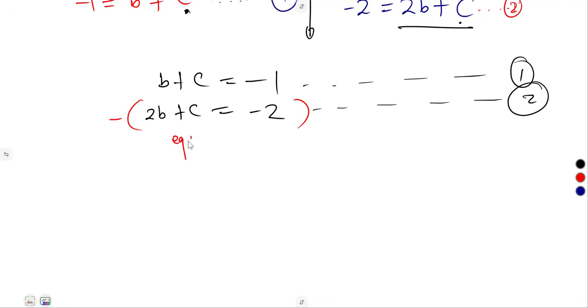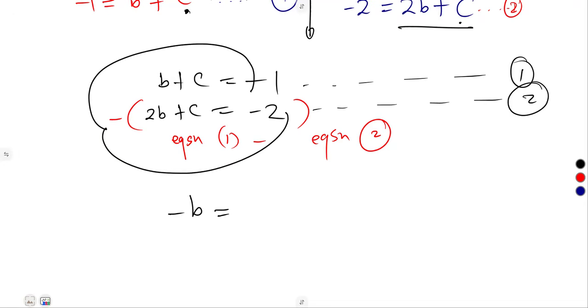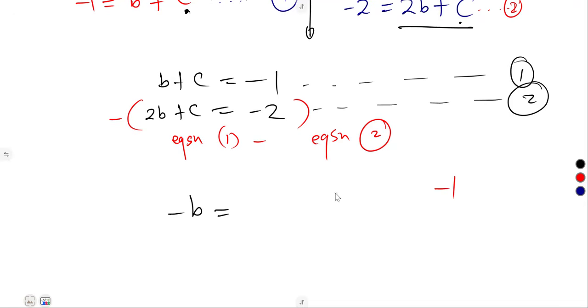So let's subtract, guys. Equation 1 minus equation 2. Equation 1 minus equation 2 simply means b minus 2b. That's going to be negative b there. That's equal to -1 minus 2. But what are we subtracting there?